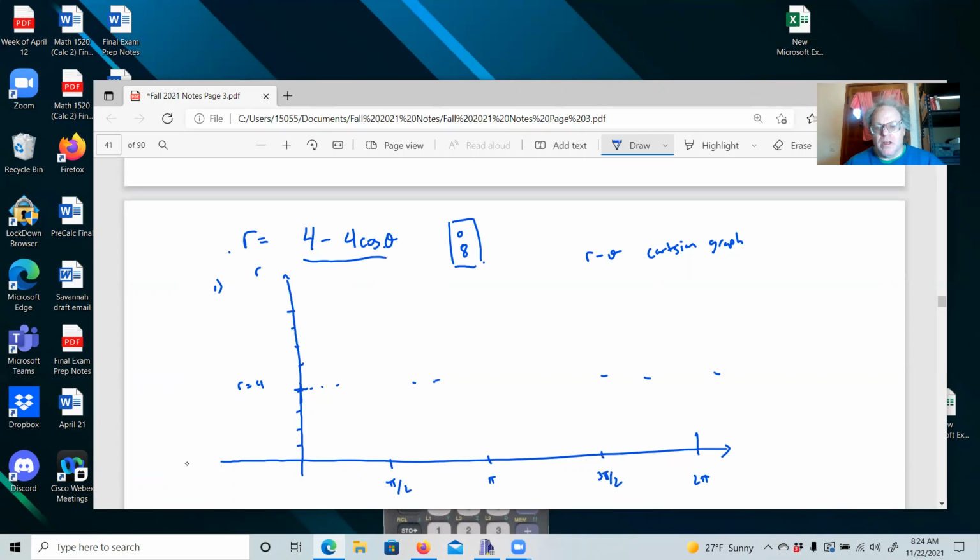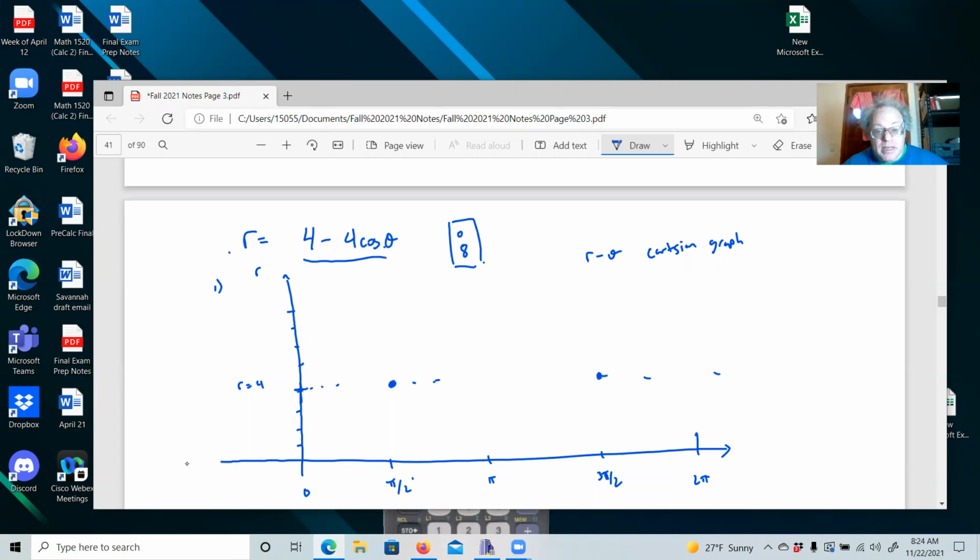We'll do the easy ones first. When theta is pi over 2, the cosine of pi over 2 is 0, so 4 minus 0 is going to be up here at 4. And for 3 pi over 2, the cosine is again 0, and 4 minus 0 is up here.